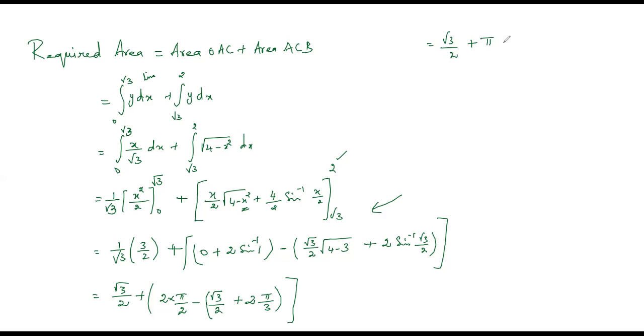We take the minus inside, so it is root 3 by 2 minus 2 pi by 3. And now root 3 by 2 and root 3 by 2 get cancelled. What is pi minus 2 pi by 3? It is 3 pi minus 2 pi by 3. It is pi by 3 square units.